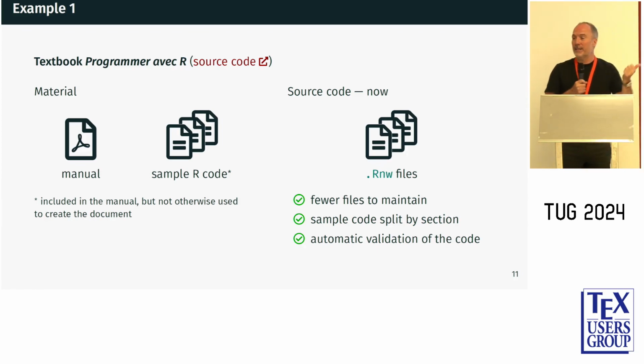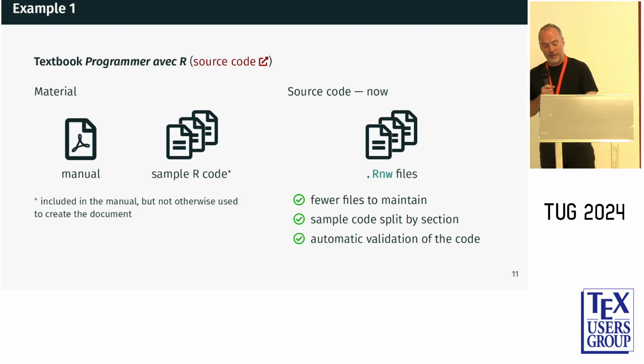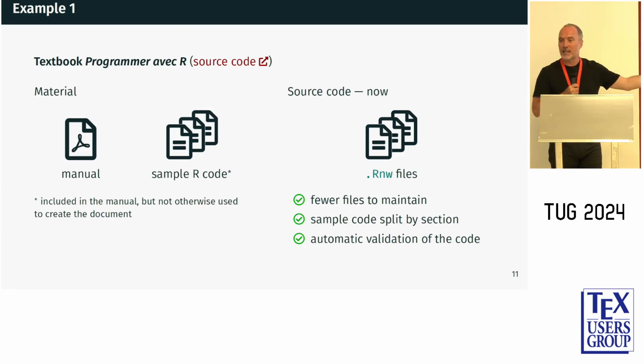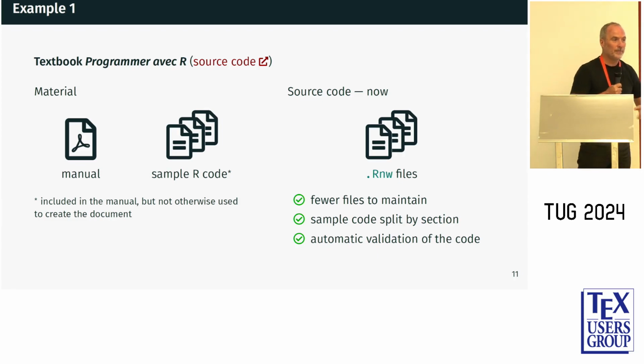And what this system provided me with is the fact that each and every time that I compile the document, the source code is actually evaluated and checked. So if there's a mistake in the sample code, the compilation will stop. Okay?